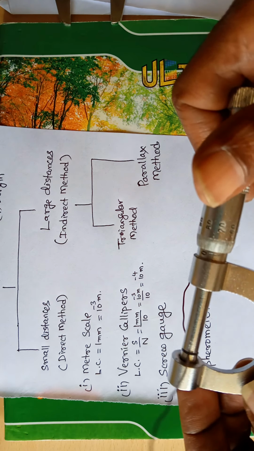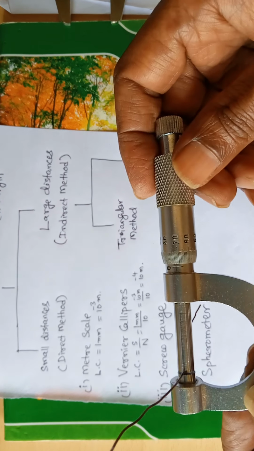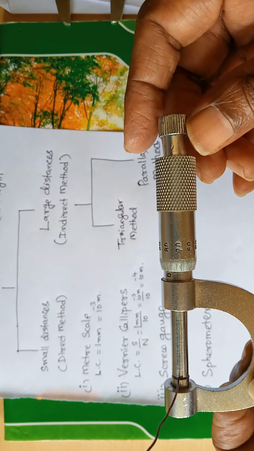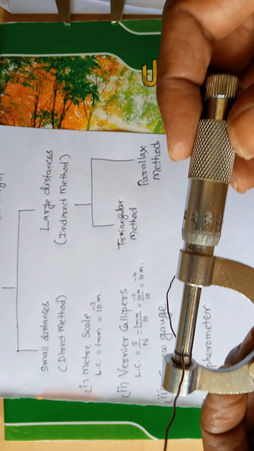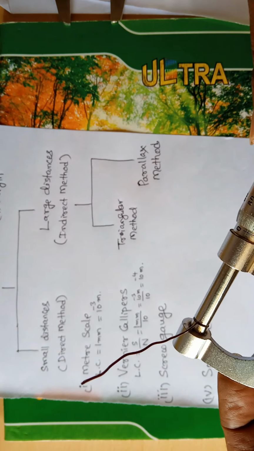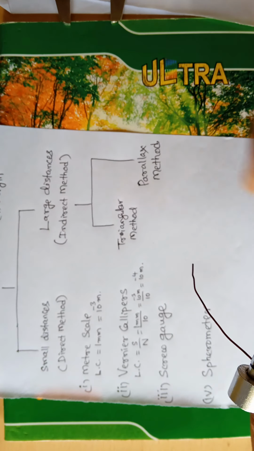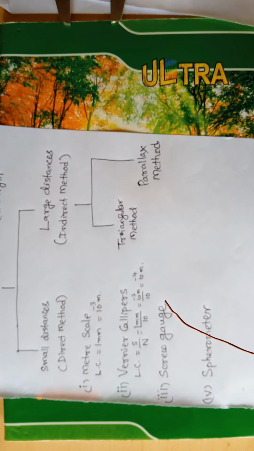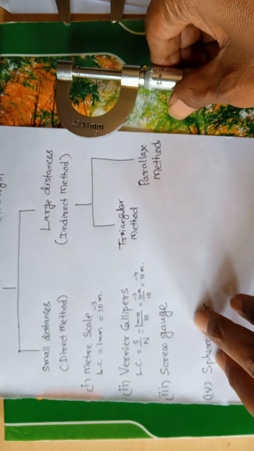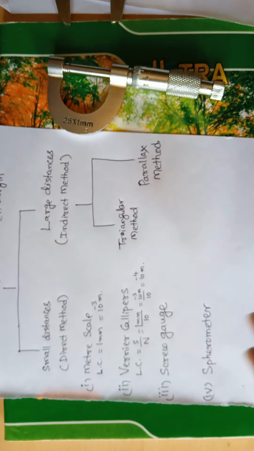See, now the wire is kept between the two jaws. Now we take the pitch scale reading and head scale reading, and we find the diameter of the wire, the thickness of the wire. You must have understood the wire is very thin, and to measure its thickness, the screw gauge's least count must be very much less. It must be more accurate than the meter scale and vernier calipers. Okay, let us calculate its least count.